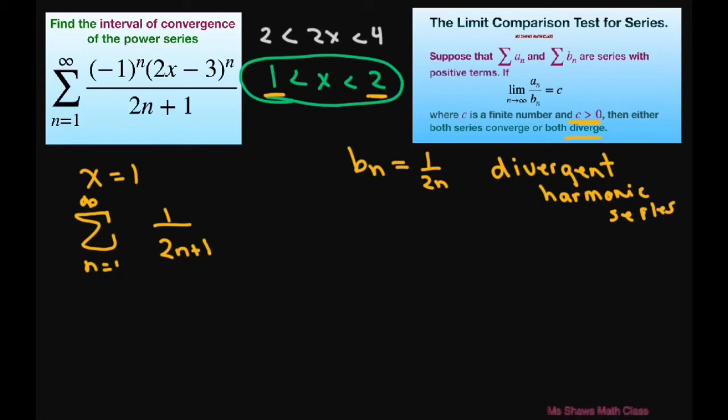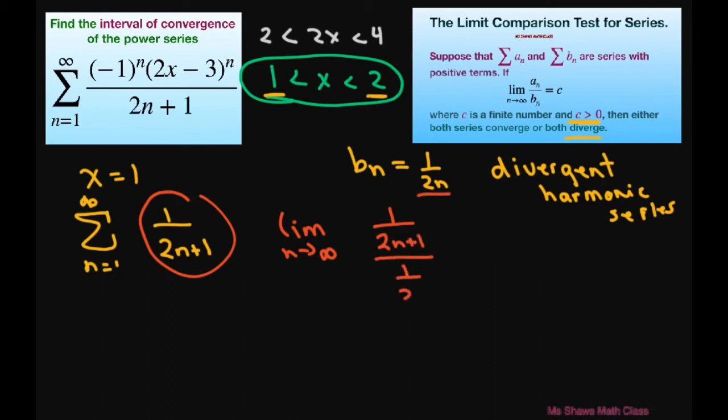So let's use the limit comparison test. That's going to be the limit as n approaches infinity of a sub n, which is 1 divided by 2n plus 1, divided by b sub n, which is 1 divided by 2n.